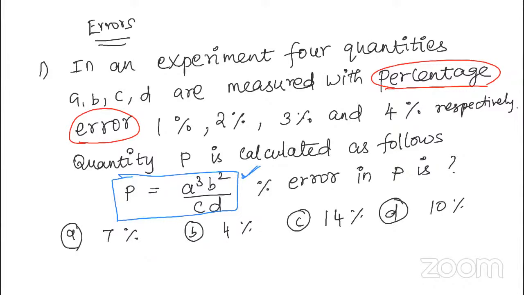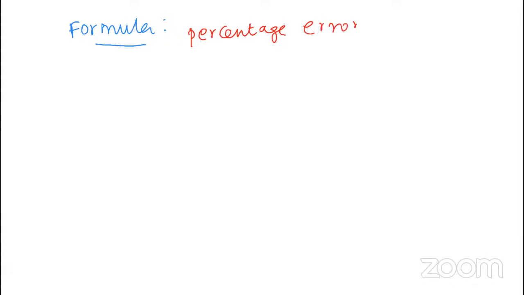So now tell me the formula for percentage error. First, என்ன எழுத போறோம்? It is the formula for percentage error, that is del x by x, which is multiplied by 100.